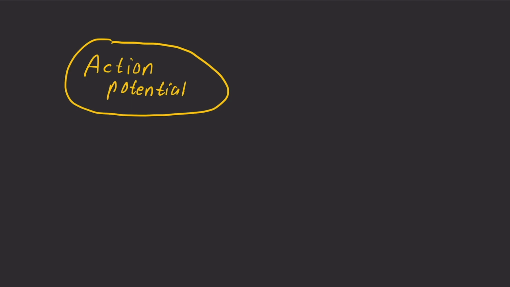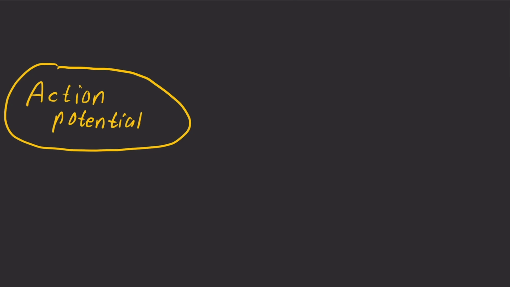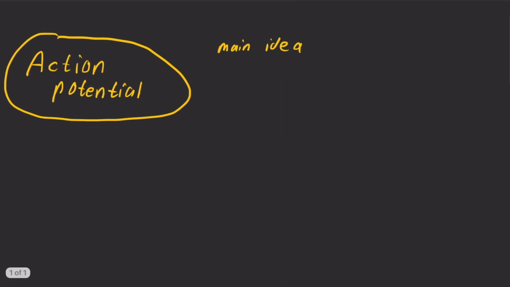So let's look at this step by step. The main idea here is, let's say a neuron is stimulated. So stimulation occurs, right? And obviously, with the stimulation of the neuron, this will result in the gated ion channels opening.